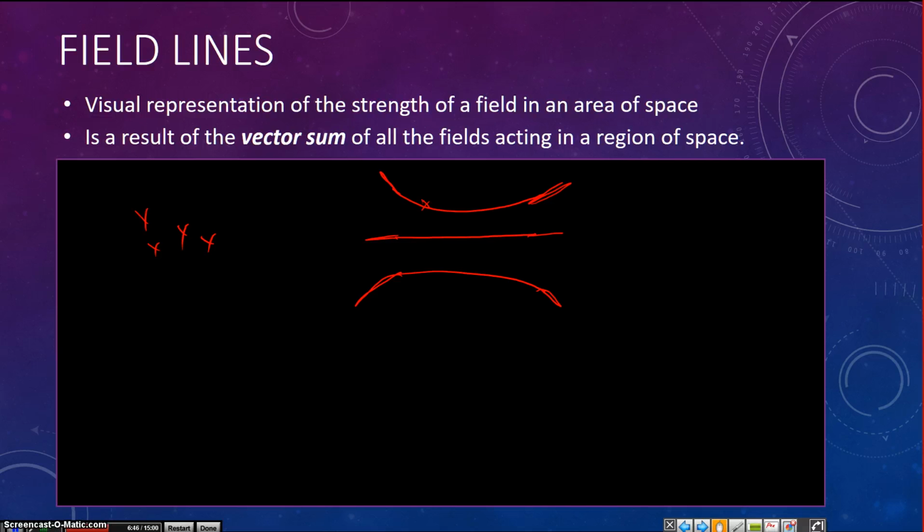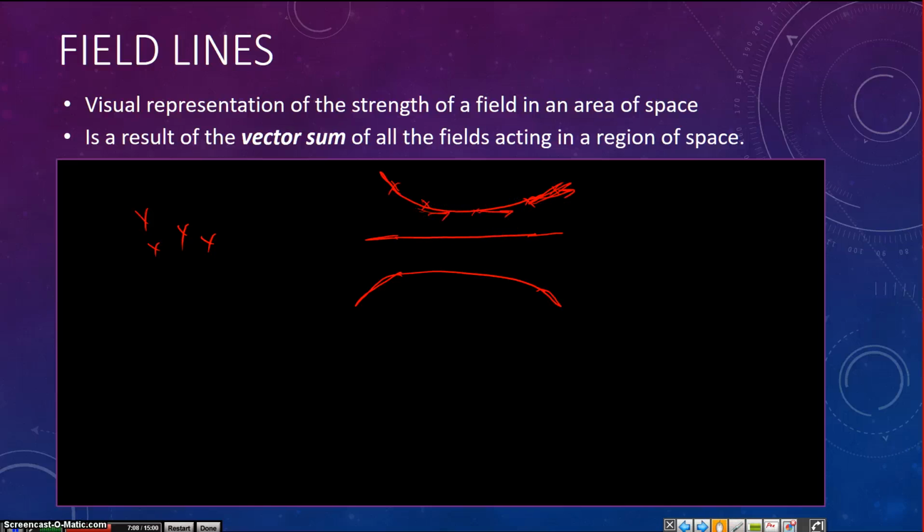Say that these are electric field lines, and we have a charge here, then the force on this charge would be tangent to this field line, and that's any point along here. The force on a charge at that point on the field line will always be tangent to the electric field.